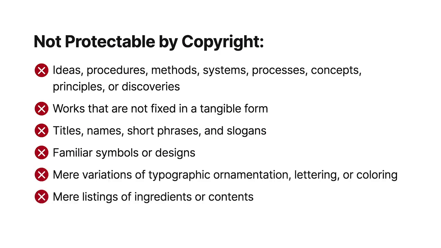These include ideas, procedures, methods, systems, processes, concepts, principles, or discoveries, works that are not fixed in a tangible form, such as a choreographic work that has not been notated or recorded, or an improvisational speech that has not yet been written down, titles, names, short phrases and slogans, familiar symbols or designs, mere variations of typographic ornamentation, lettering or coloring, and mere listings of ingredients or contents.